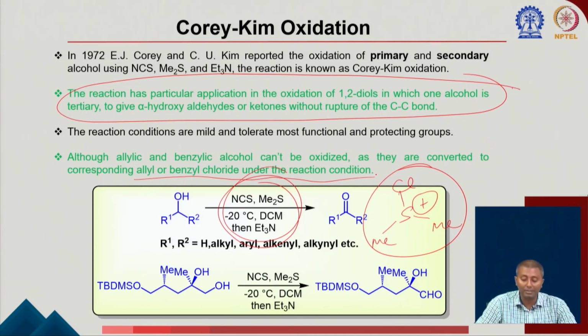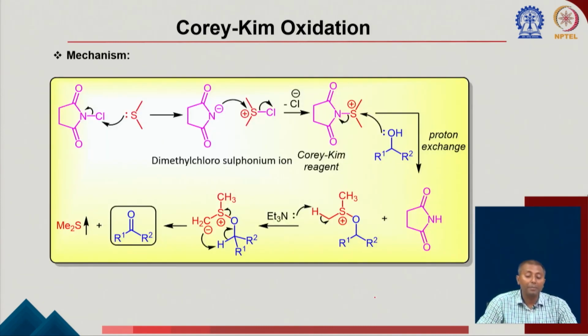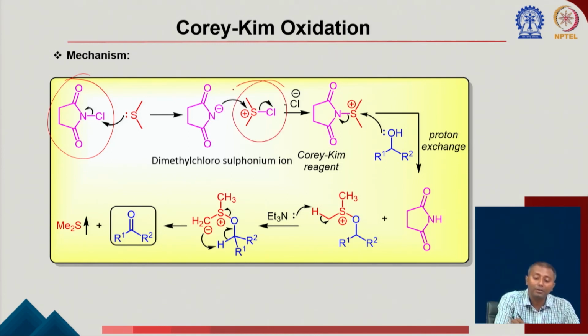So let's try to understand this reaction. Again you can see you have a tertiary alcohol and a primary alcohol. The primary is getting oxidized without any rupturing of this. Mechanism: you can think of N-chlorosuccinimide as an electrophilic halogen source. Here the sulfide is a nucleophile attacking the chlorine, forming this dimethyl chlorosulfonium ion.